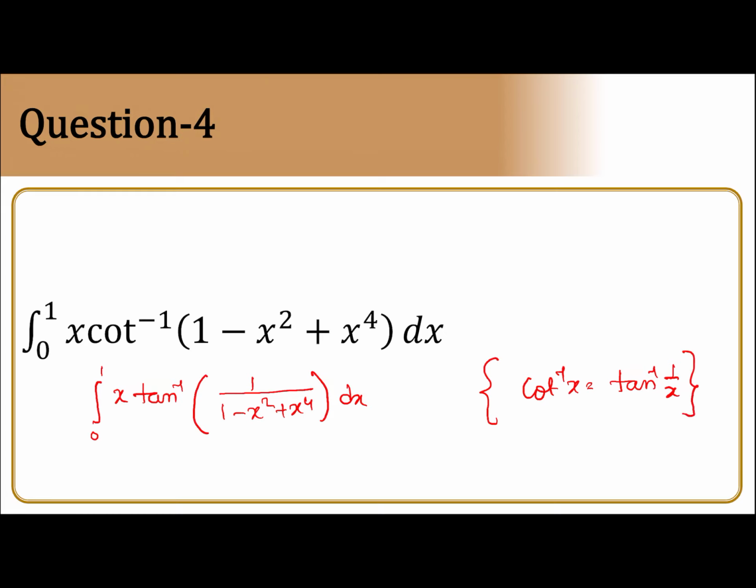First step is this one. Please write down. After this, integral 0 to 1, x into tan inverse, this can be written as x square minus x square minus 1 divided by 1 plus x square into x square minus 1, dx.